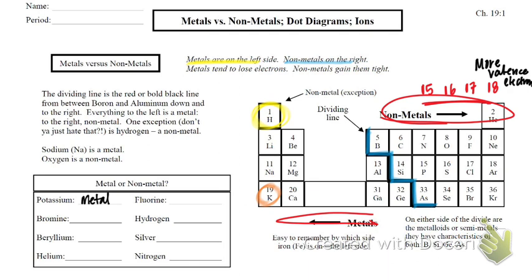What about bromine? BR over here. Yeah, non-metal down here for bromine. All right, what about beryllium? That's the Be here.